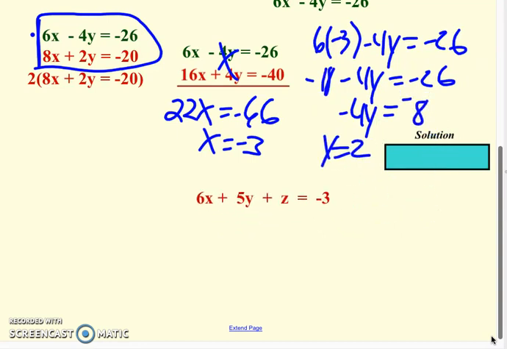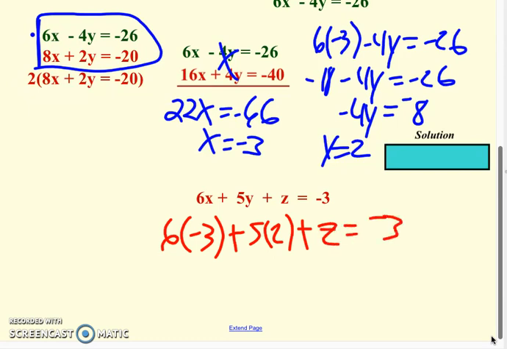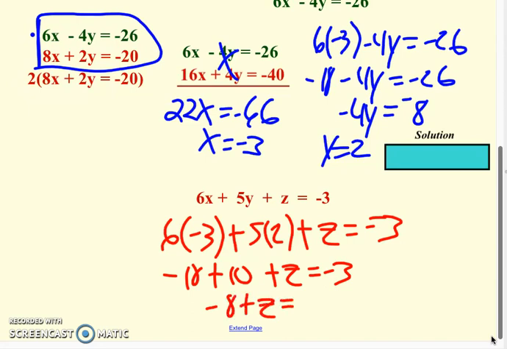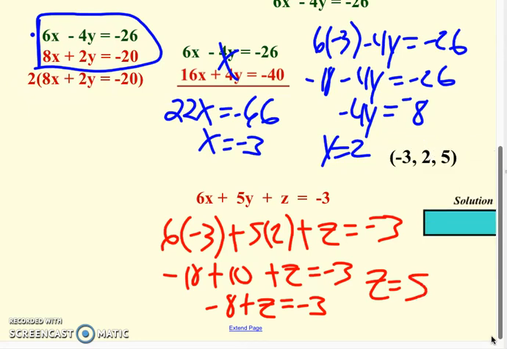There we go. And remember, your final answer should be put together as an ordered triple x, y, z coordinate. And there you go. There's elimination.